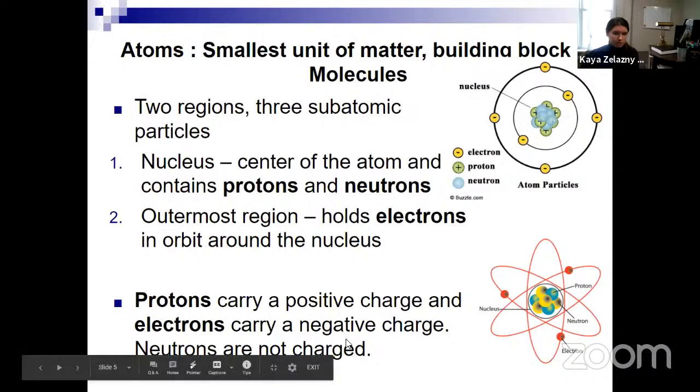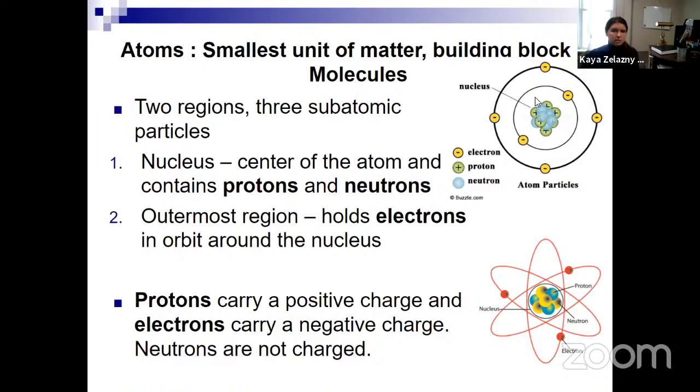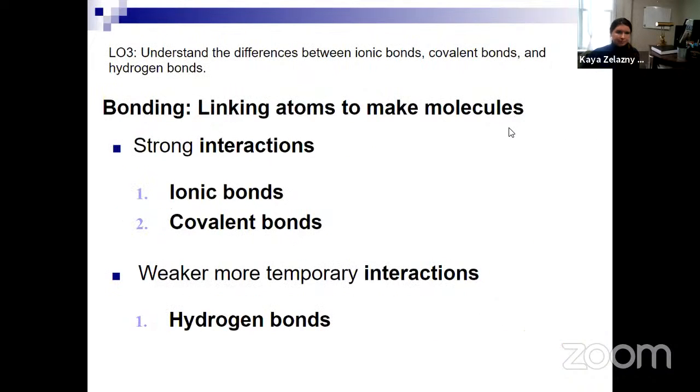Neutrons are not charged, so honestly, in this course, we really don't have to think about them at all. Usually, we're going to see that the number of protons and electrons are balanced. So most of our atoms in their normal states are not going to have a charge because they'll have even numbers of positive protons canceled out by negative electrons surrounding that atomic nucleus.